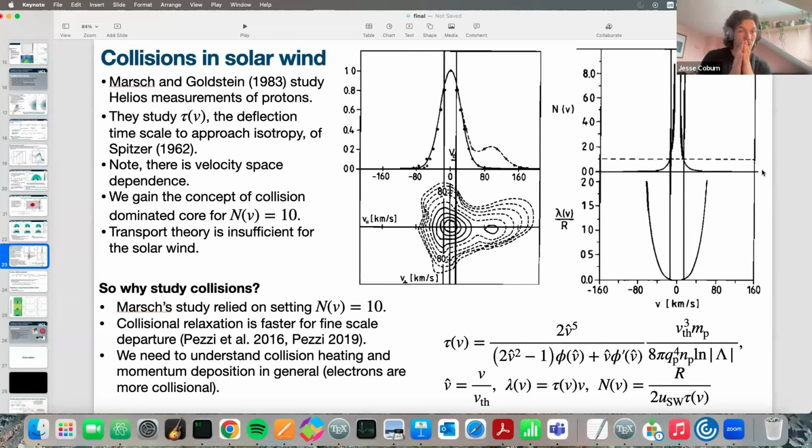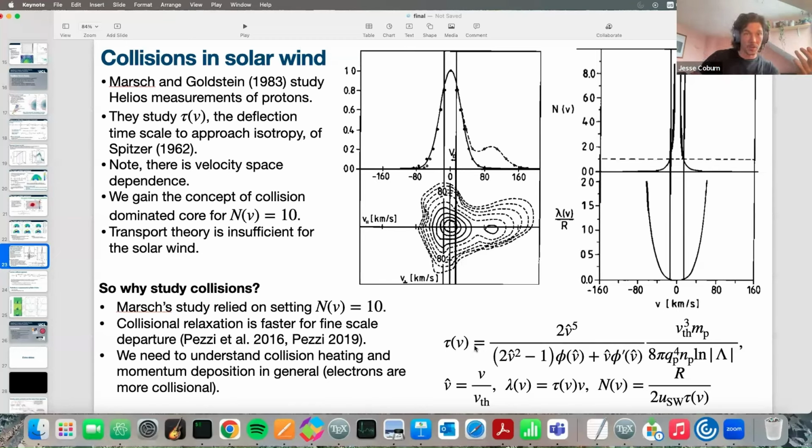Collisions are very strong when you're close to the plasma frame, and they're weaker further away in the VDF. And this is a really important aspect of collisions. And so to get a collisional time, to get a time in a mean free path, you put in the thermal speed here. That's the classic one that we use.